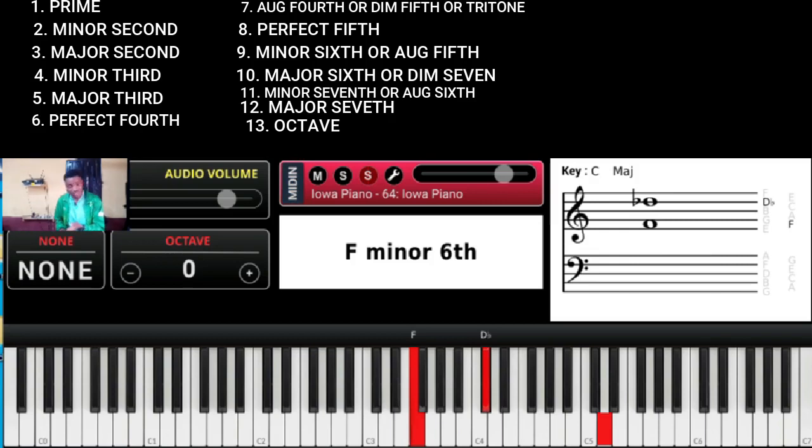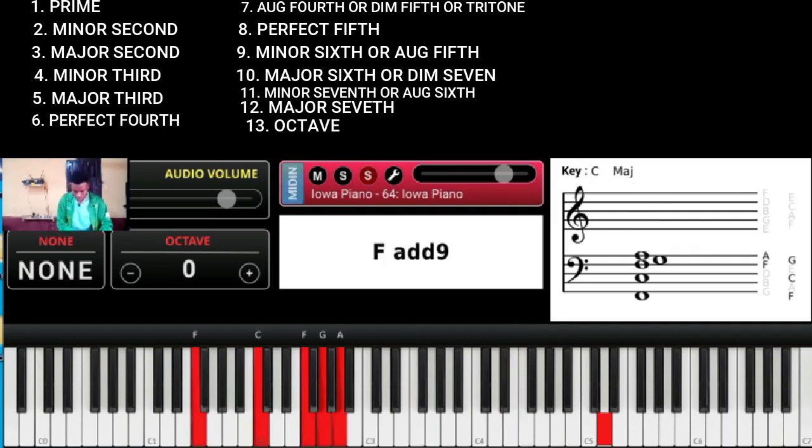This is the minor sixth or the augmented fifth, the major sixth, the minor seventh, or can also be called the augmented sixth, the major seventh, back to our octave.